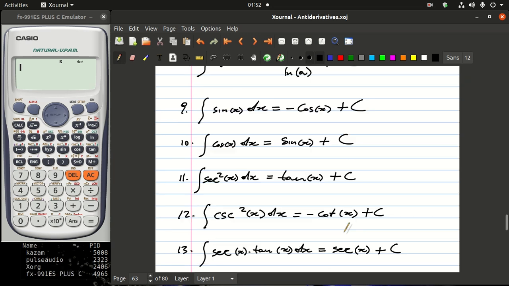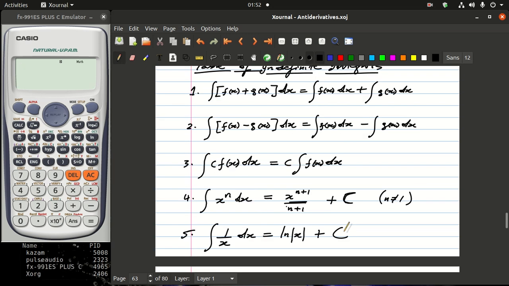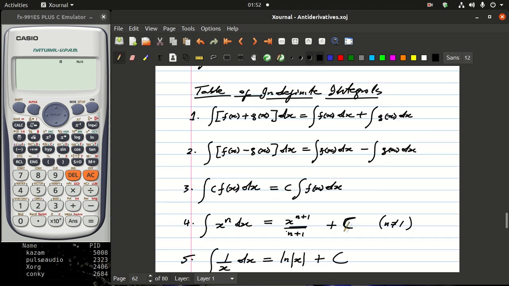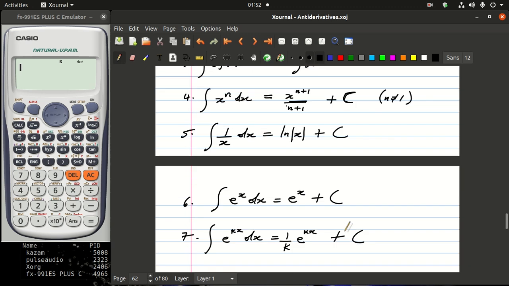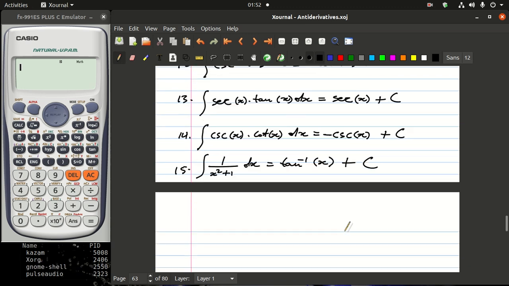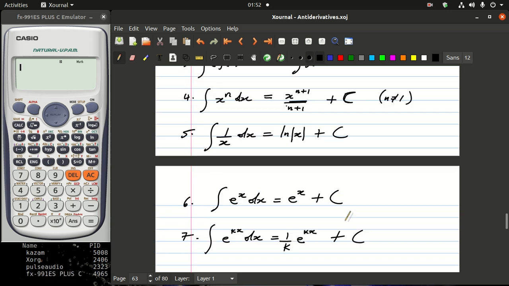Once you know these things, trust me, you already know integration as a whole, and you also already know definite and indefinite integrals. If you can keep these in your mind, it's only 15 things, and then you should be able to solve as many problems given that you know these things.